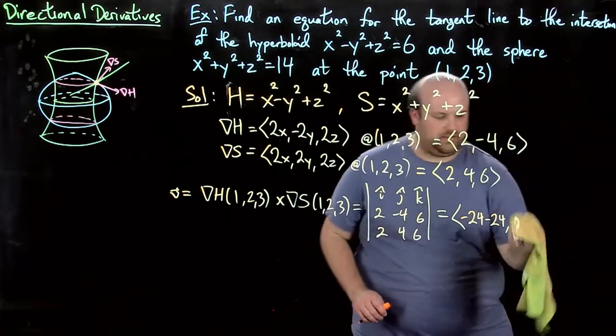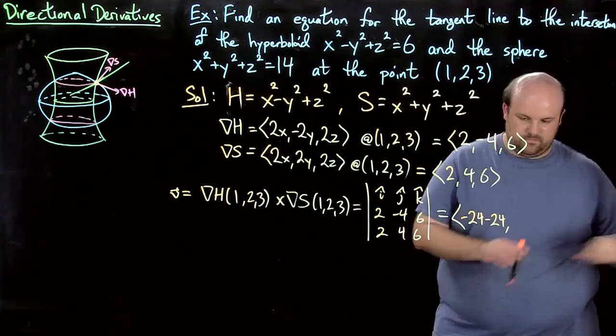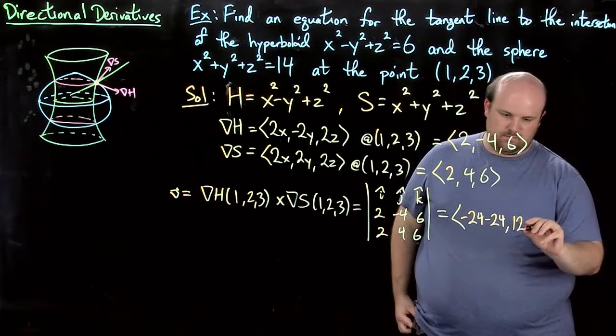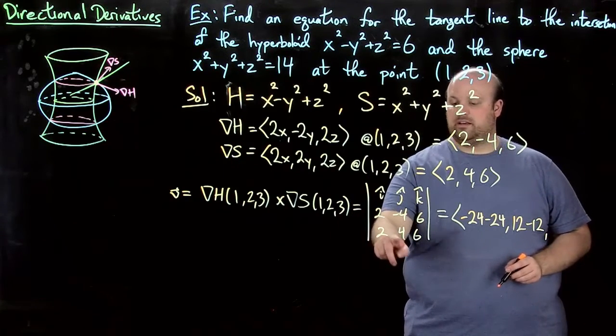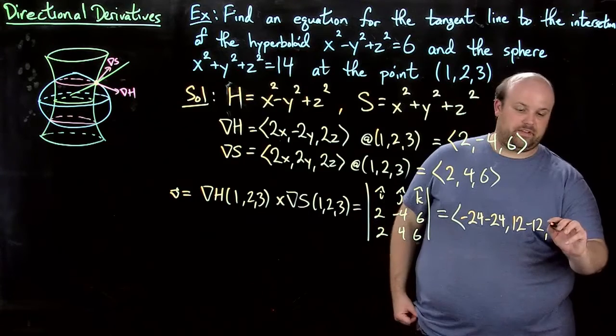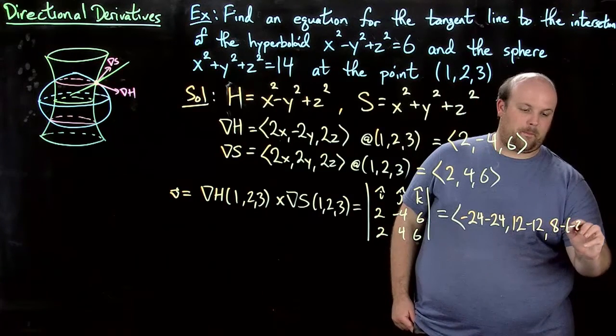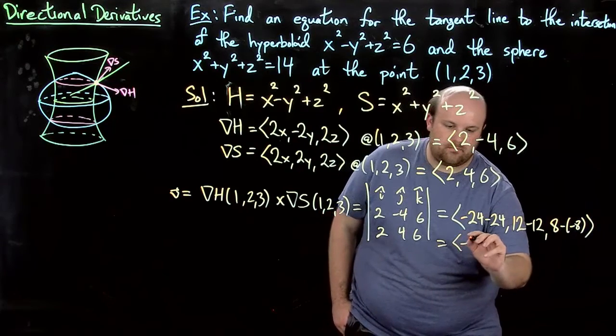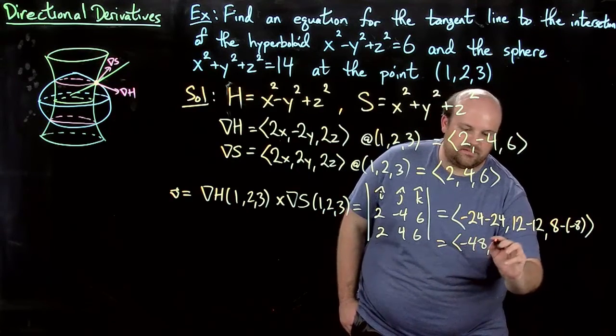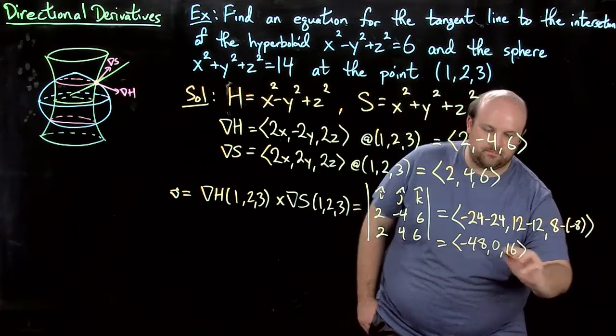Or actually, I'll write it in here. So 12 minus 12. Right, and then 8 minus negative 8. Right, so this is minus 48, 0, 16.